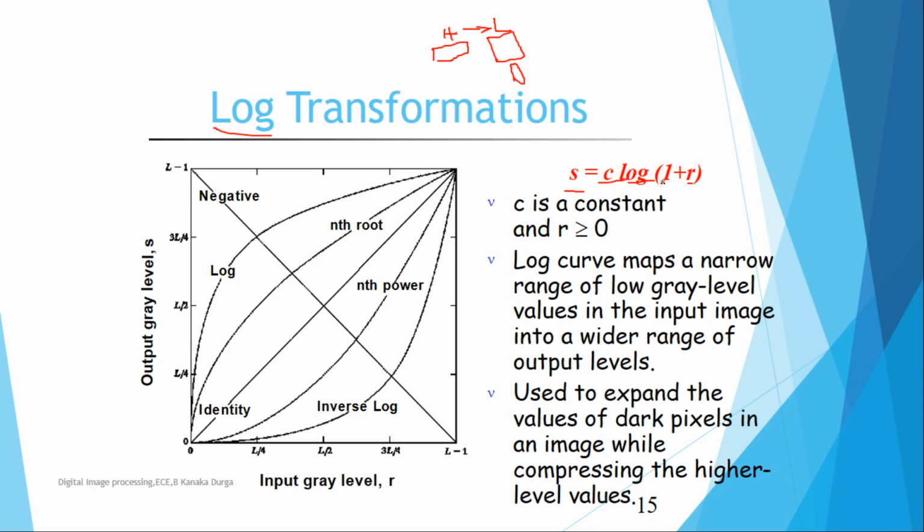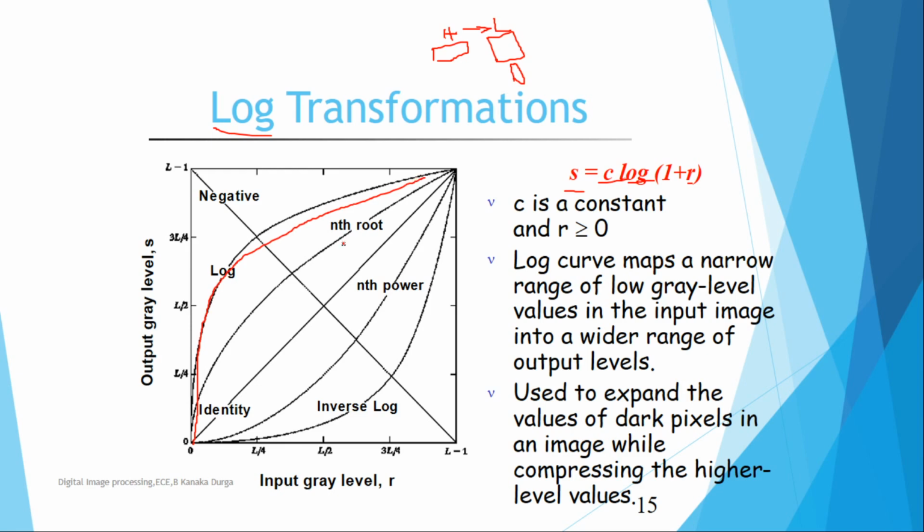The log curve maps a narrow range of low gray level values of the input to a wider range of output values. If you observe, this is the compression of the intensity values, the projection of the log of the values.